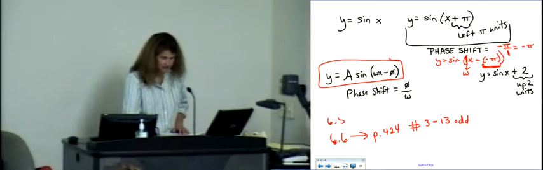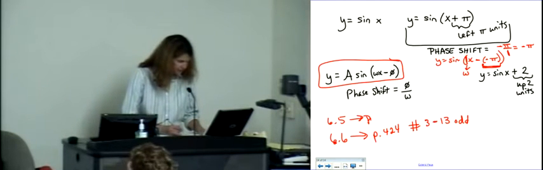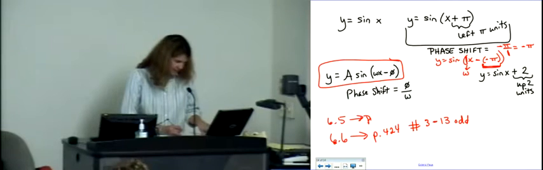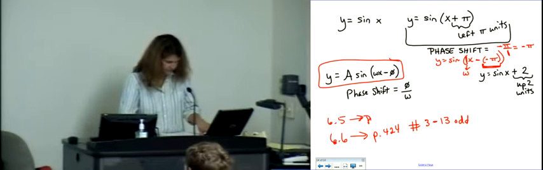6.5. What were we adding to 6.5? 6.5 you already had. That's where you had 4, 5, 9 to 14, right? That stuff. Yeah, 4, 5, 9, 14, 25, 27.